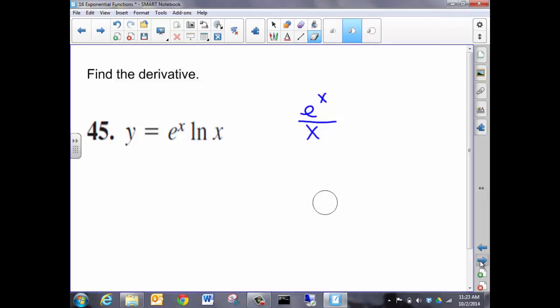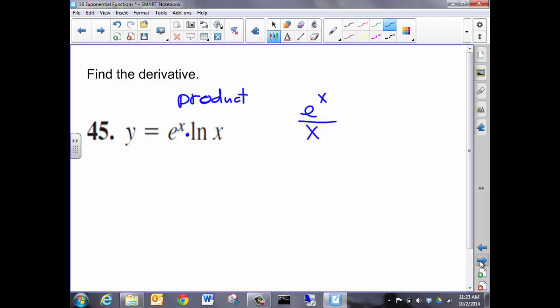Someone has said this is our answer, e to the x over x. What do you think? It's part of it. Well, that's the first half of the product. Oh, yes. We have to do product rule.